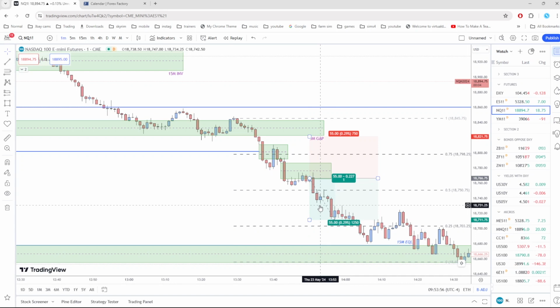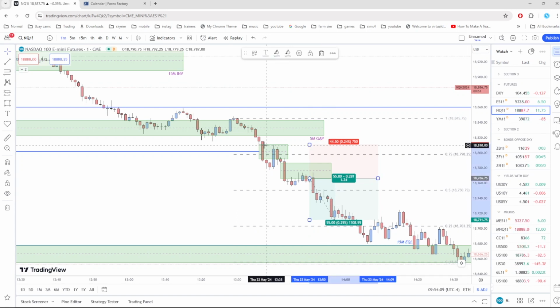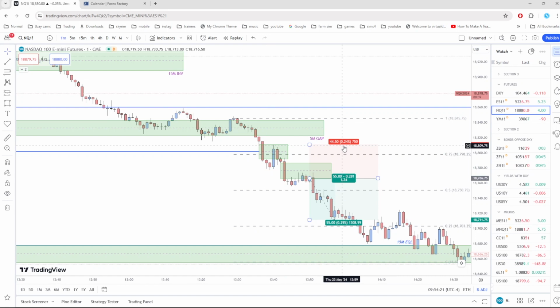Let's say you took an entry right there. You thought that it was going to trade into it one last time and then give up the ghost. In this example, fair value gap, order block, fair value gap. Your stop can go right above that fair value gap.